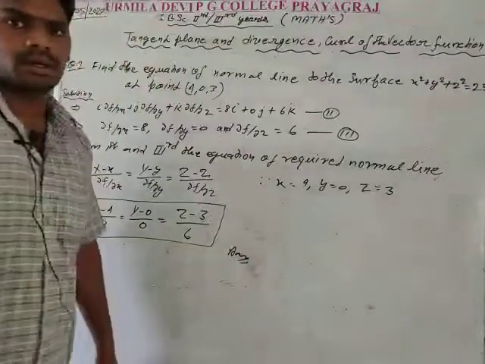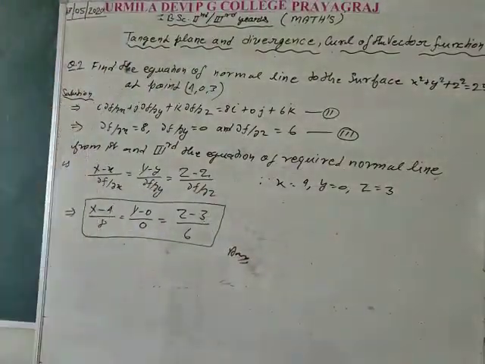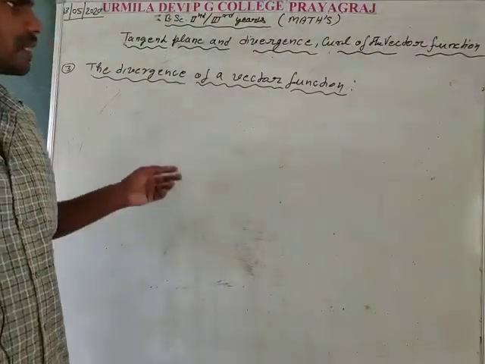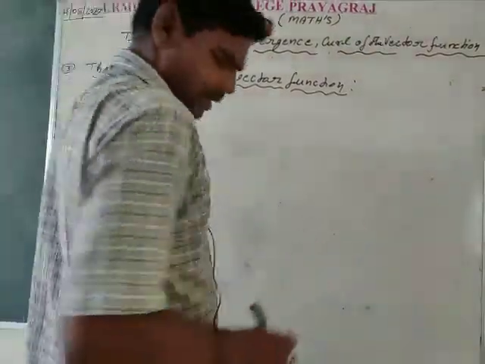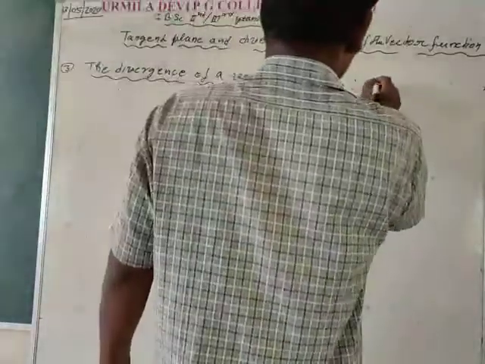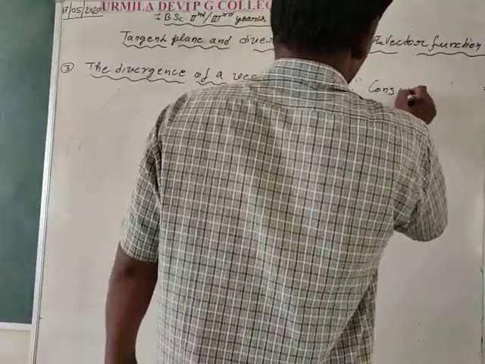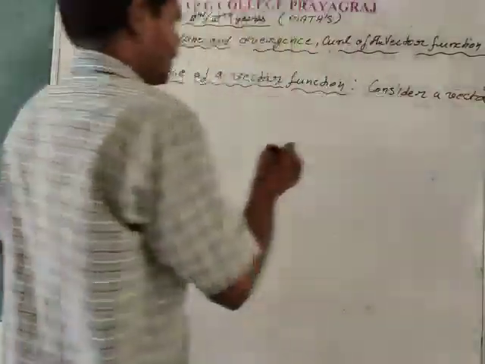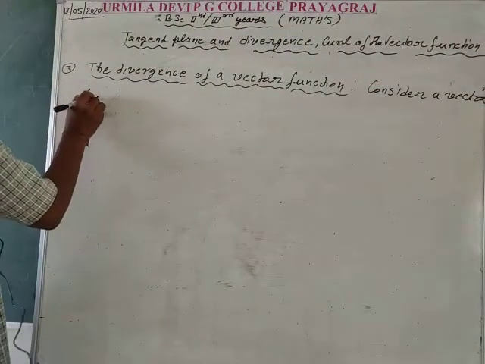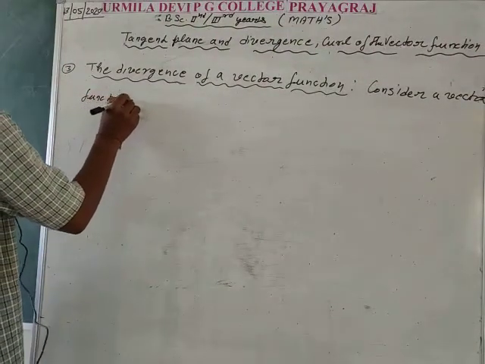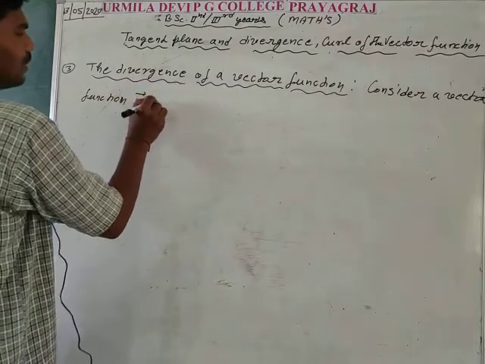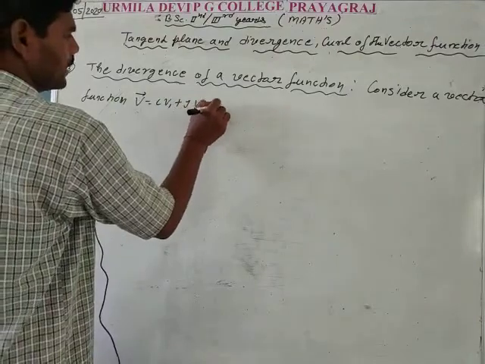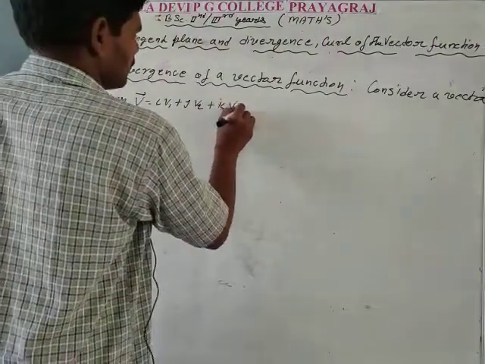Now consider the next article. Our next article is the divergence of a vector function. So consider a vector function capital V equal to i times V1, j times V2, k times V3.